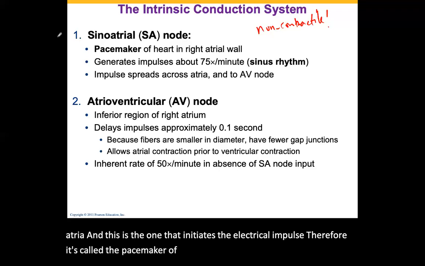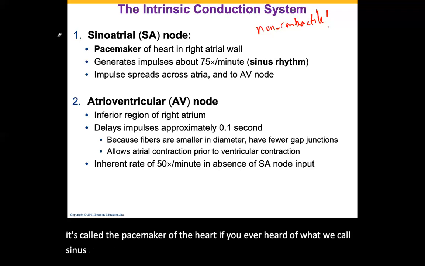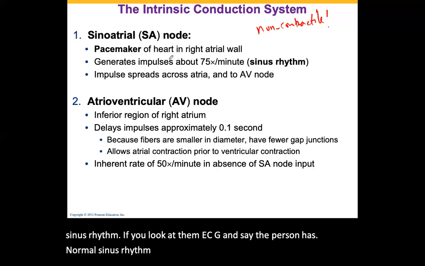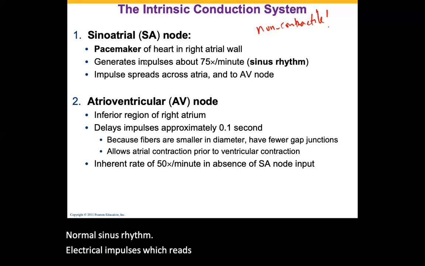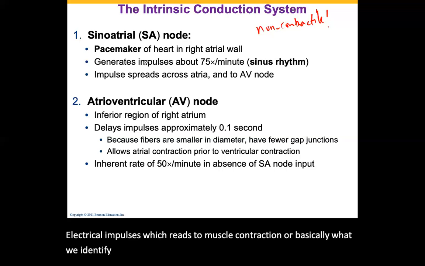If you ever heard of sinus rhythm, if you look at an ECG and say the person has a normal sinus rhythm, basically it means that the SA node is creating regularly spaced electrical impulses, which lead to muscle contraction, or basically what we identify as the heart beating.